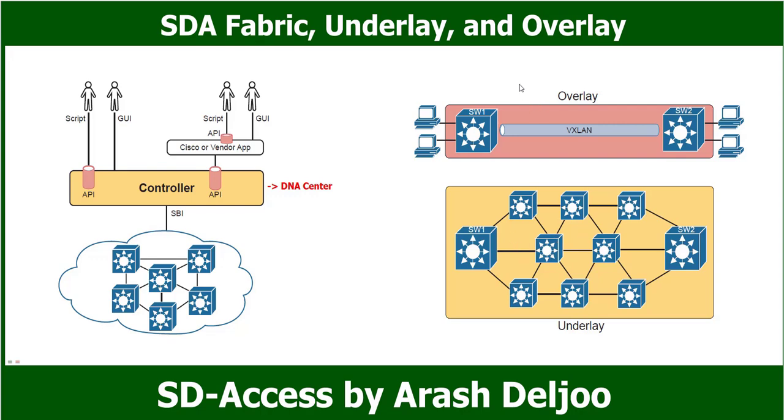Okay, the overlay drawing at the top of this figure shows only two switches called fabric edge nodes. This is the first fabric edge node and this is the second fabric edge node, because they happen to be at the edge of the SDA fabric, with the tunnel labeled VXLAN connecting the two. Both concepts, underlay and overlay, together create the SDA fabric.